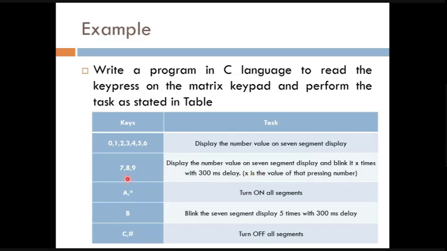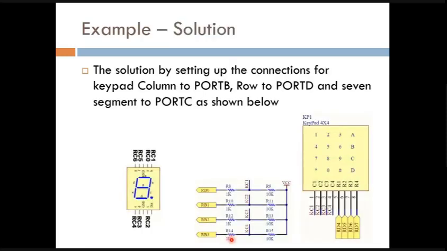If the value is 8, it will blink 8 times. If the user presses A or star, this will turn on all the segments. Pressing B will blink the 7 segment display 5 times with 300 millisecond delay. Lastly, pressing C, and then hash will turn off all the segments.